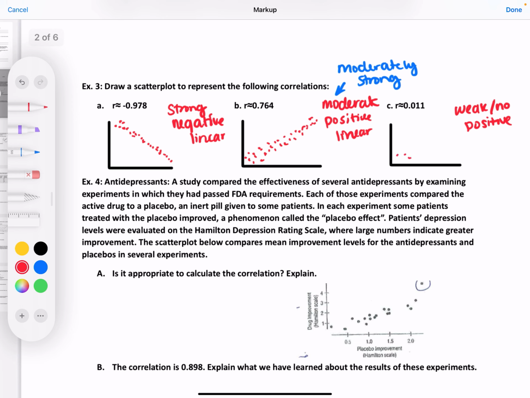I guess you could classify it as random. So it's weak, like weak or no correlation. If we're going to say it's random, we really shouldn't say it's positive either, technically, but it is a positive number, so if you left it, I wouldn't take off for that.